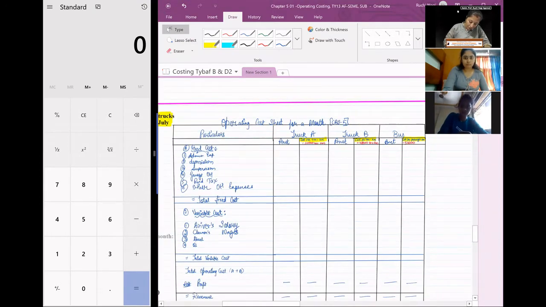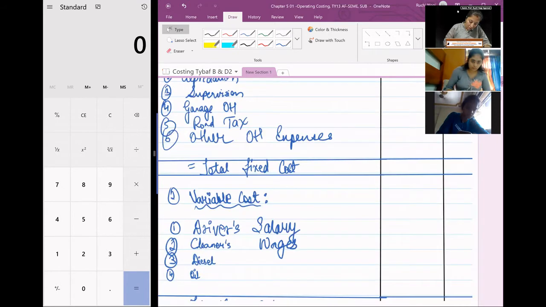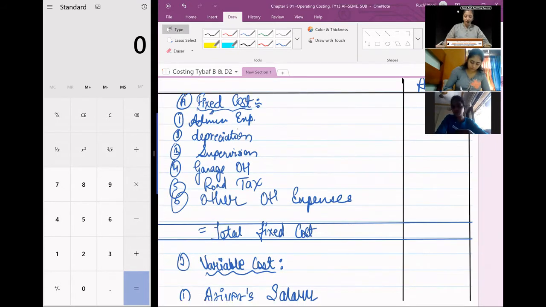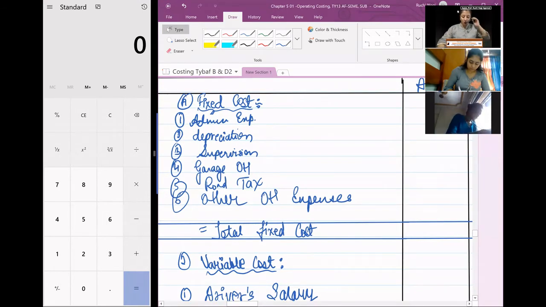So these are your probable fixed costs. Jot them down: admin, depreciation, supervision, garage overheads, road taxes, and other overhead expenses.